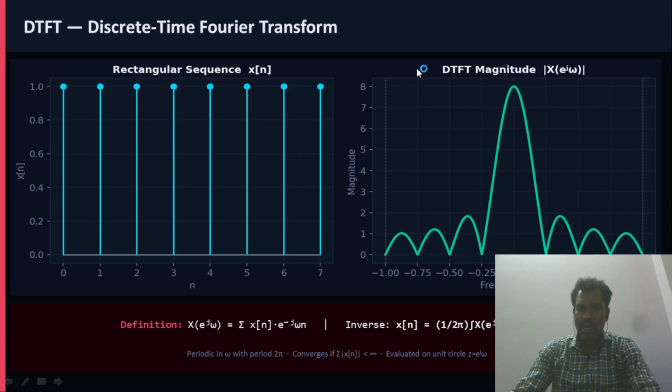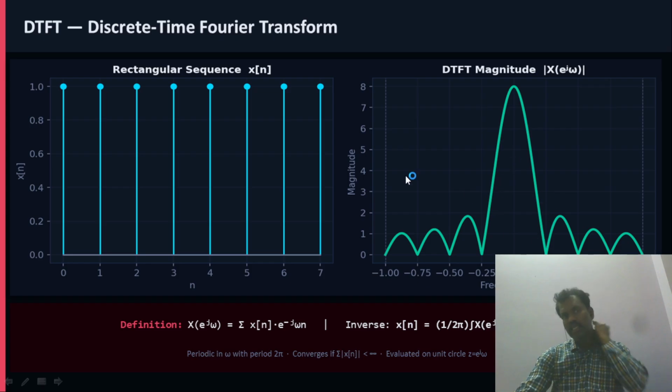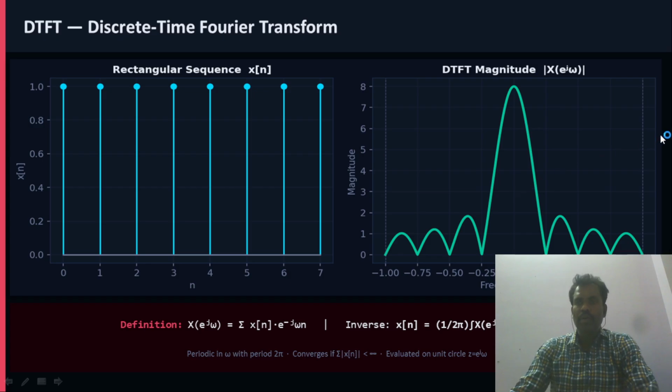So we cannot directly feed this continuous spectrum to a digital system, because a digital system will take only digital signals, that is, discrete signals. Hence, it has a drawback. The discrete time Fourier transform has a drawback that the spectrum is continuous, hence it is not possible to directly apply it to a digital system for understanding the spectrum or to extract information from the spectrum.